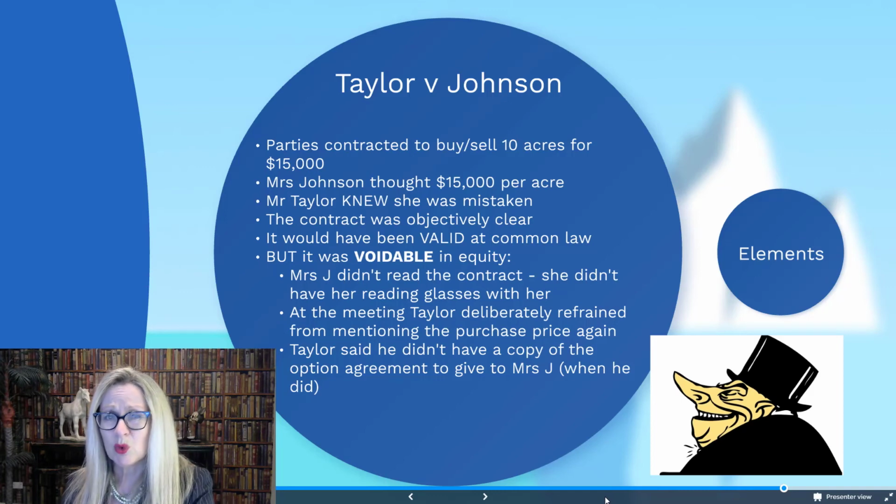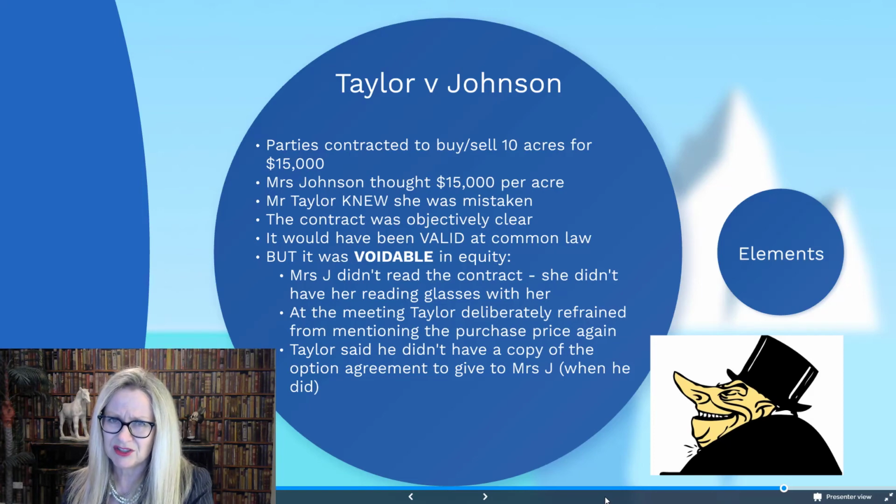In fact, it was worth about $195,000, so she thought even then she was selling cheap. However, in this option agreement, Taylor knew that it said that it was $15,000 all up. He did a couple of fairly underhanded things there.